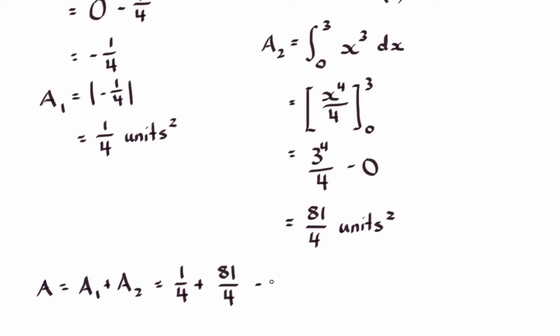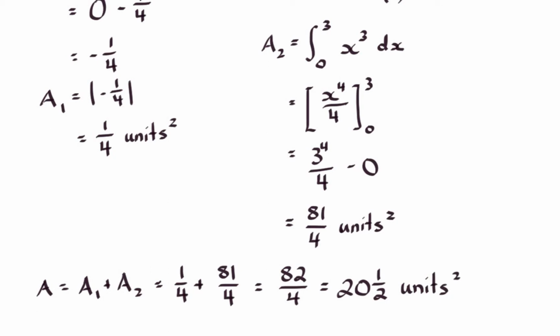This gives us 82 over 4, and if we wanted to get a better idea of what this is, we could express it as a mixed number, which is 20.5 square units. And so that is our total area.